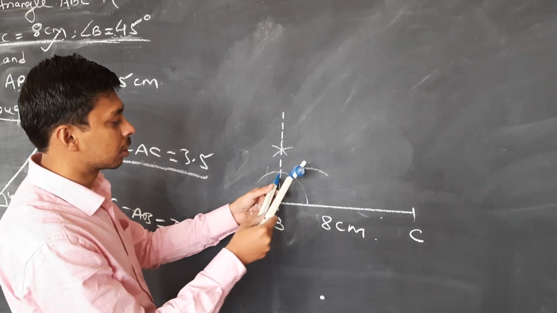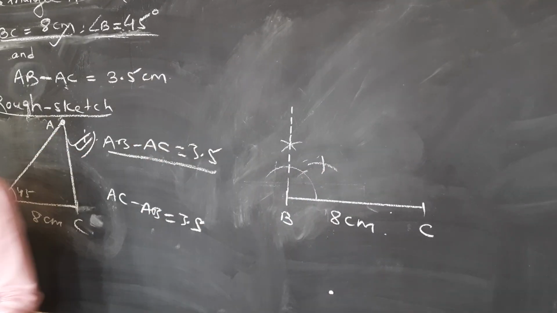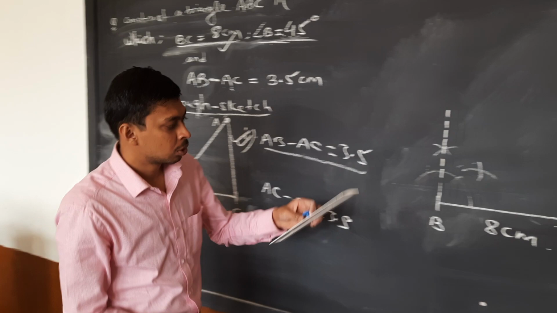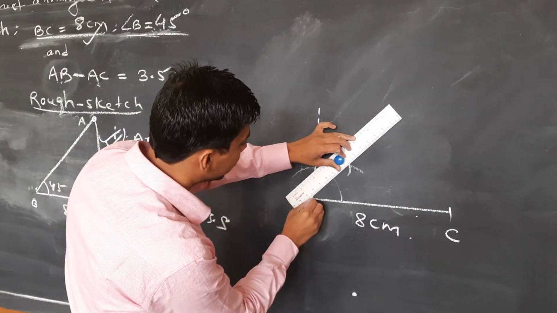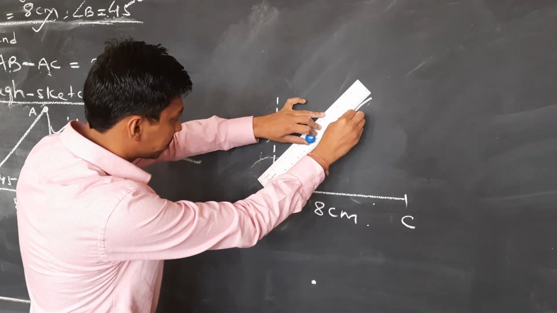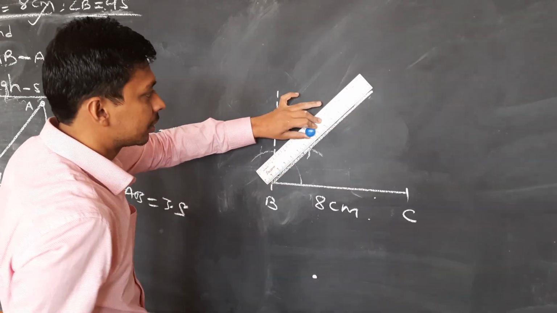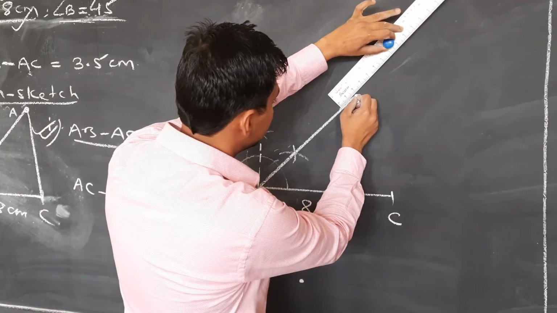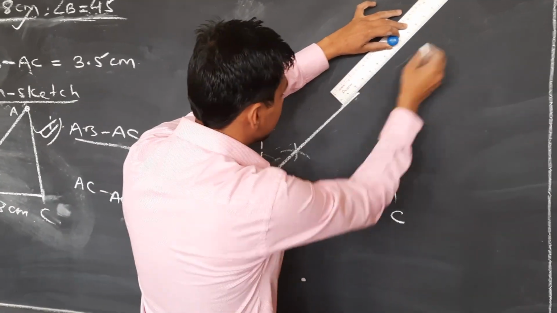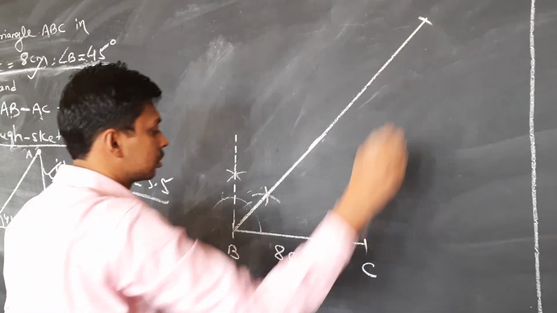Here you have to keep the compass. So this one is 45 degree line. So I have got angle B is equal to 45 degree. This one is 45 degree. Make it a bit larger.